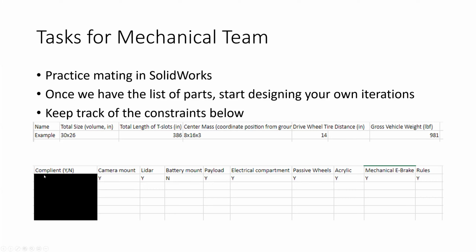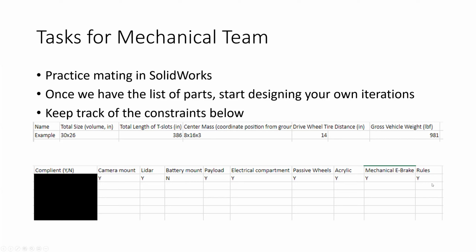And then we also have this compliance sheet. Pretty much these are the necessary components that we need to pass. For example, we need a camera mount, the LiDAR, the battery mount, the payload, the electrical compartment, passive wheels, acrylic, mechanical e-brake, and rules.